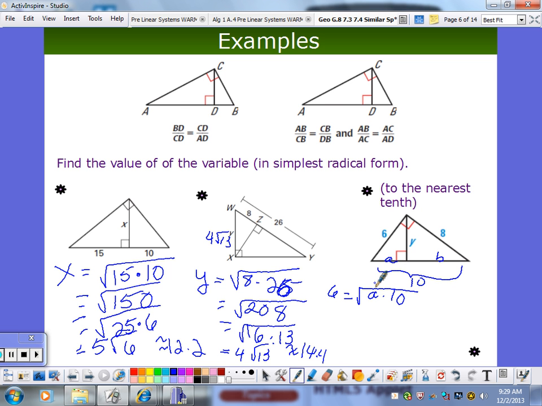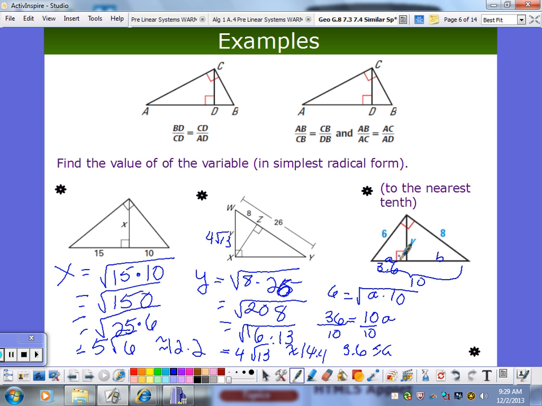How about just squaring everything? 6 squared is 36, which equals 10 times A. So what's A? It says to the nearest tenth, so A is 3.6.